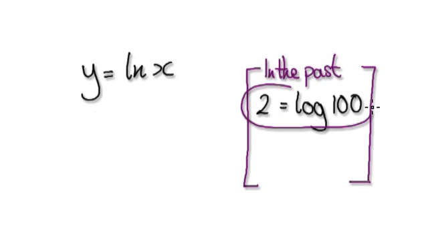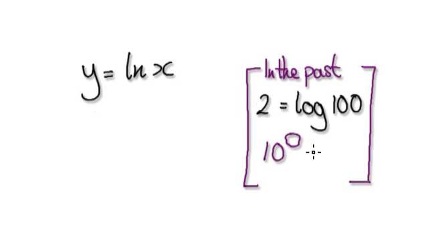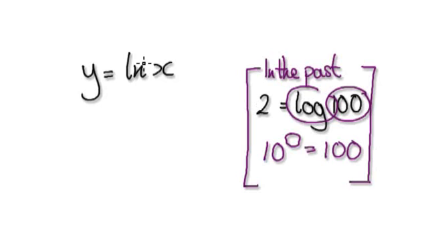So it means 10 to the power of what will give us this thing here. And whenever you talk about log or the natural log, you're always interested in the index. In this case it is 2.